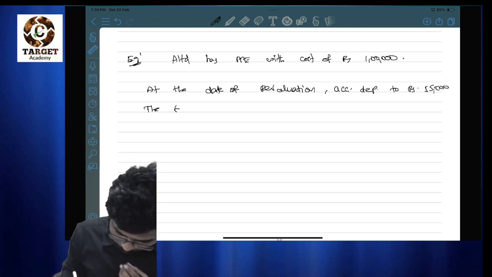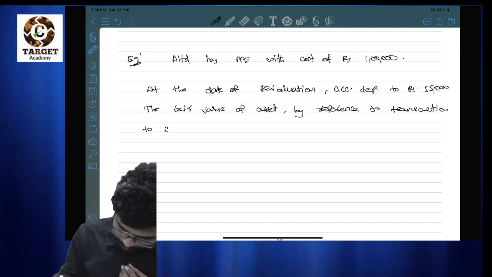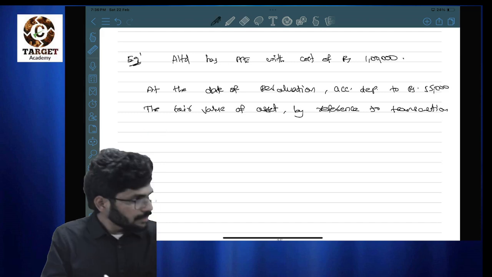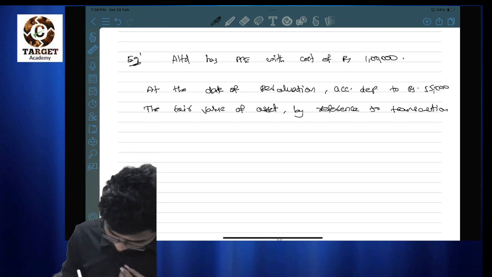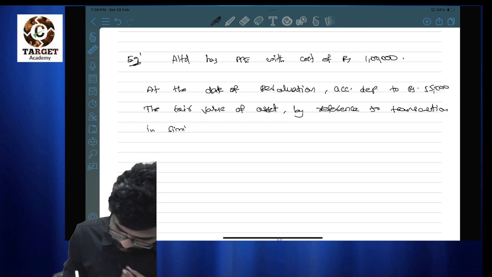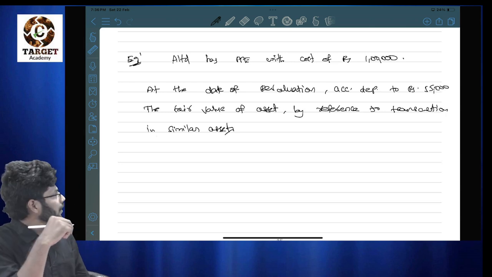The fair value of the asset by reference to transactions in similar assets. I got this question to include in my material.